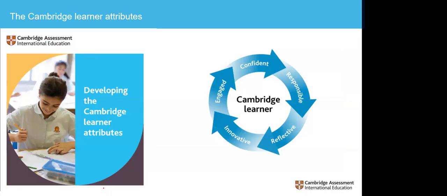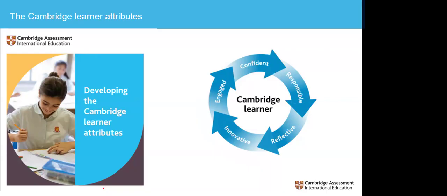Then we have what we call learner attributes. When we talk about learner attributes, we ask ourselves, if this child goes through our school, what kind of product do we want to see on the market? What can this child be able to do when he or she goes outside?